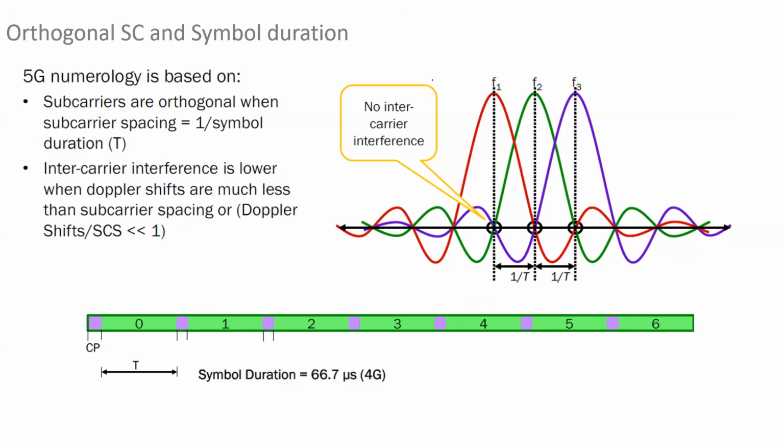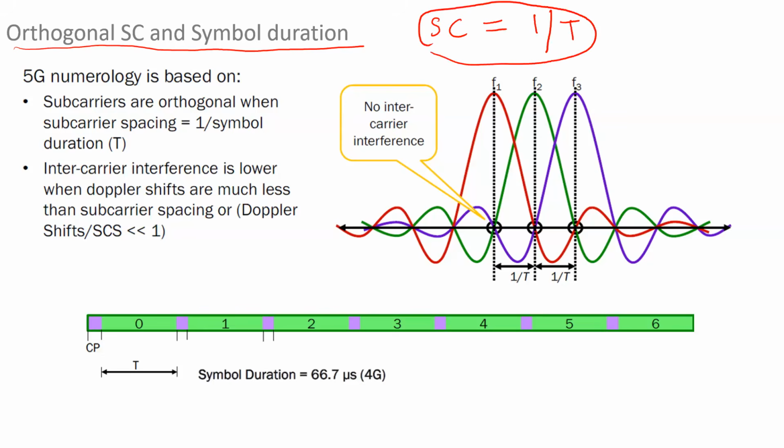Thank you. Okay. So this is what I was talking about: orthogonal subcarrier and symbol duration. So as I said earlier, subcarrier spacing is equal to 1 by T. So why do we need this thing?